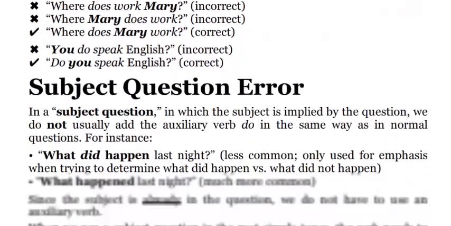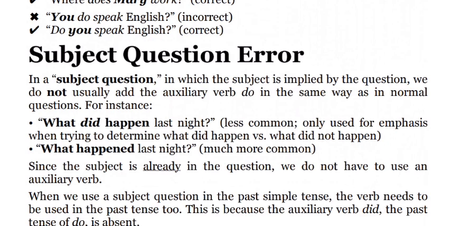Subject question error. In a subject question, in which the subject is implied by the question, we do not usually add the auxiliary verb "do" in the same way as in a normal question. For instance, "What did happen last night?" Less common, only used for emphasis when trying to determine what happened versus what did not happen. "What happened last night?"